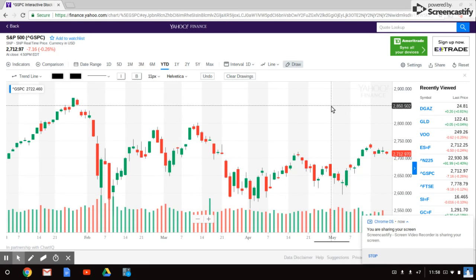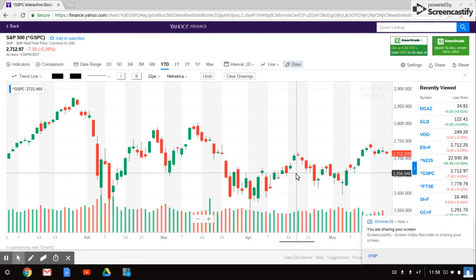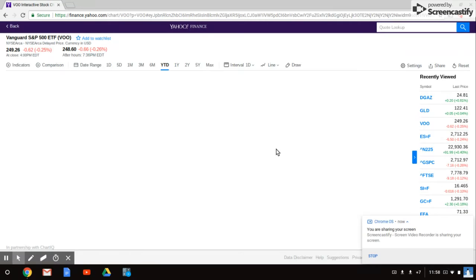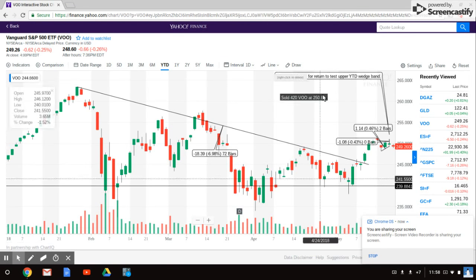If so, when we get down here to 2600 in this range, and we'll talk about it more next week, that's going to be a great buying opportunity to go long the S&P 500. You can do so through VOO, SPY. We'll walk more through what we typically use, but you can see here that we have participated well and done quite well with getting in and out of these.